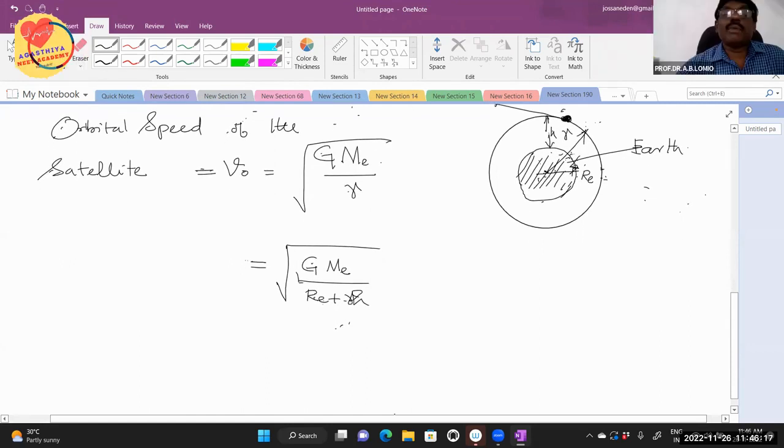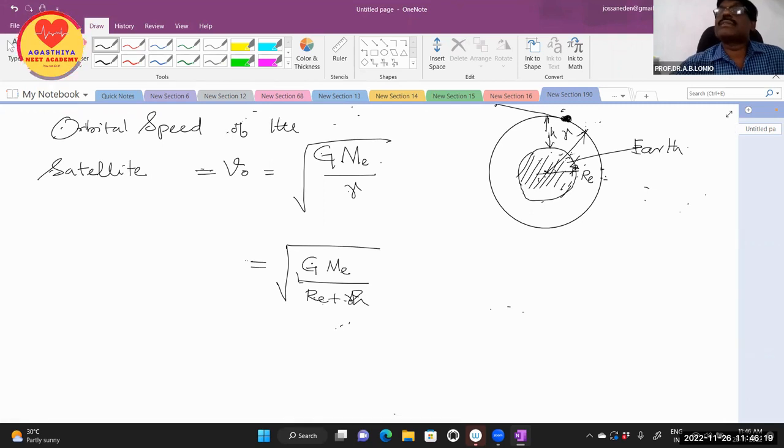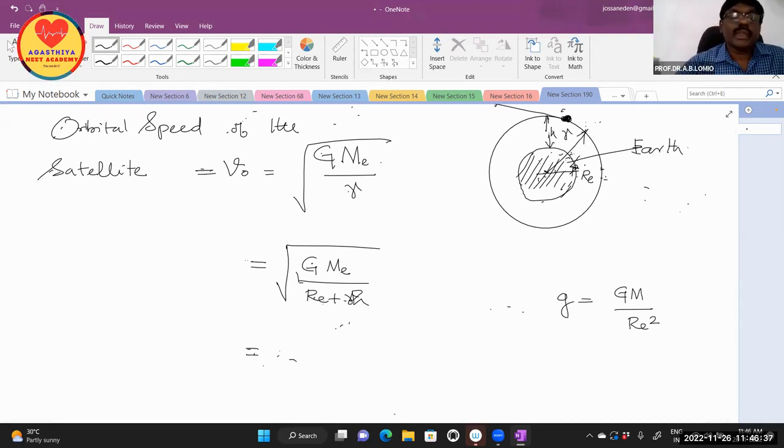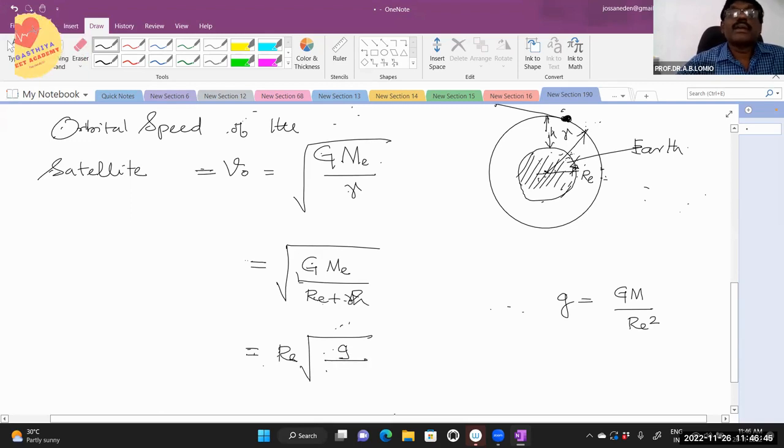Again, this can be modified in terms of acceleration due to gravity. g is equal to G M by RE square, so the formula becomes V naught equals root of RE square g divided by RE plus h.